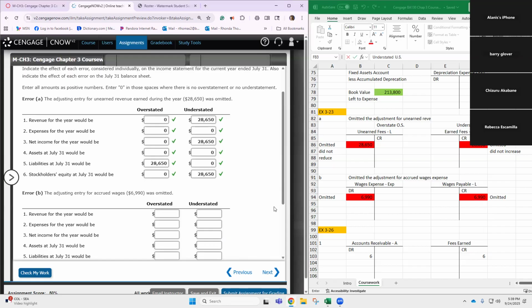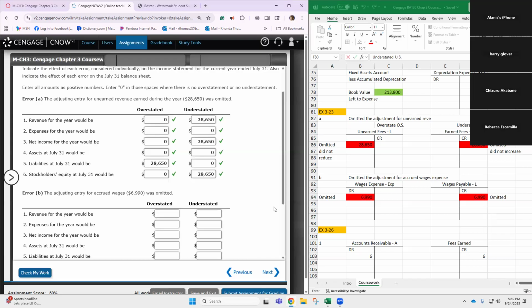Here's the good news: this omission, the stockholders don't mind. If we go back and fix it, guess what happens to revenue, net income, and equity? Up. So that's what I call a good mistake.